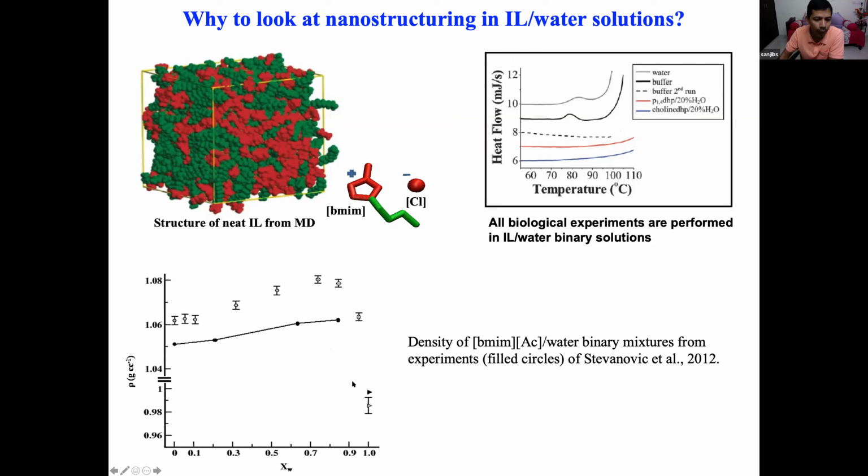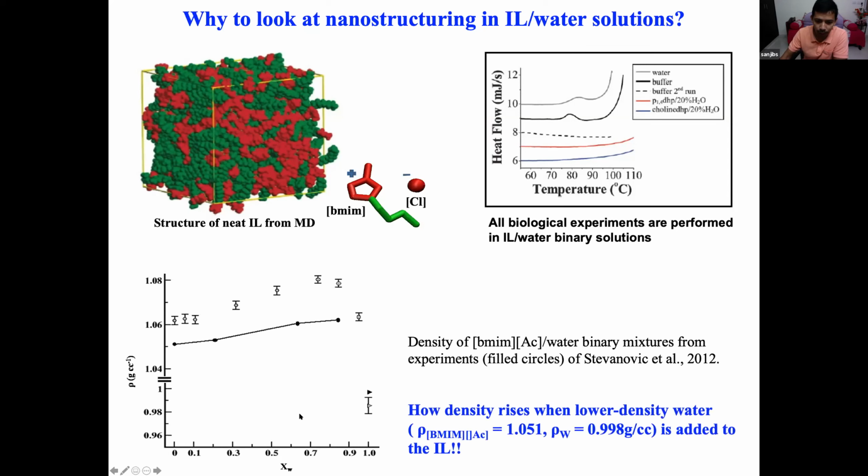And there is also experimental data, a very interesting observation from 2012. In 2012, Stevanovic did the experiment. The density of neat ionic liquid is 1.05.